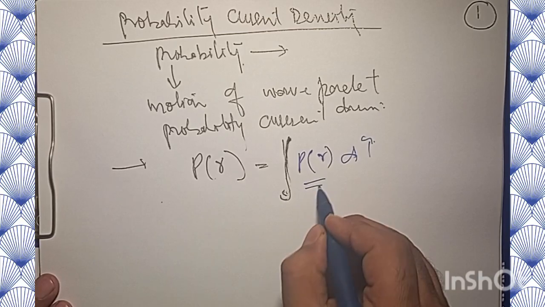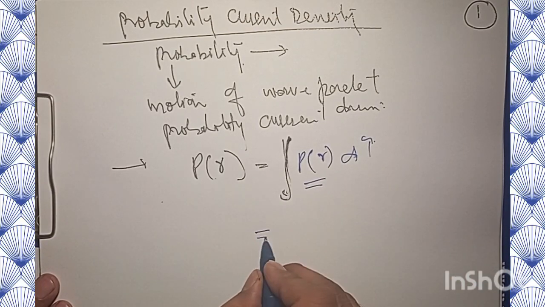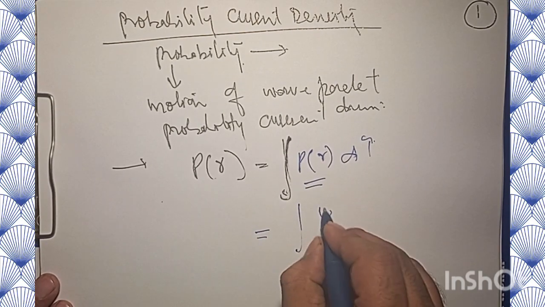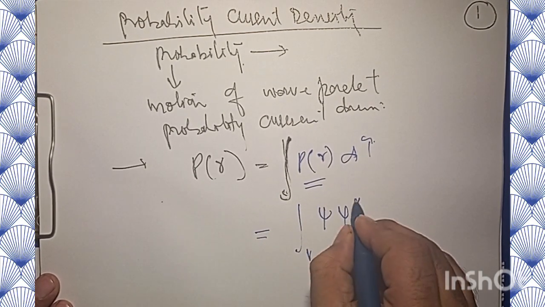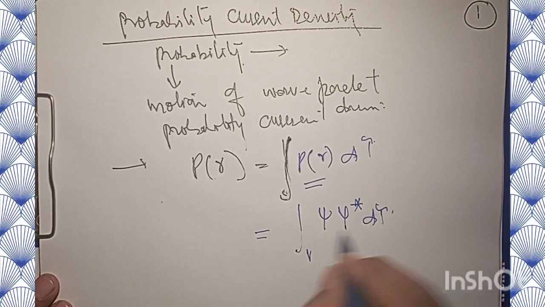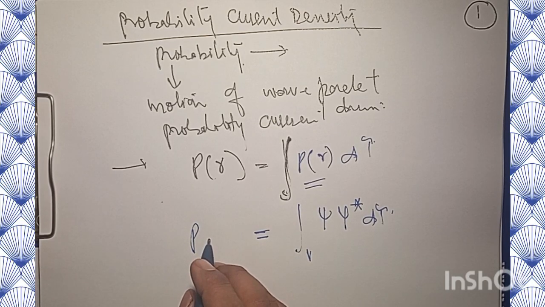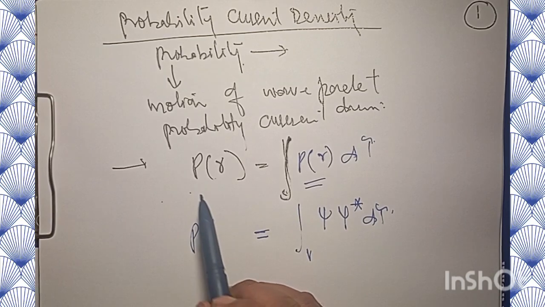And for this P of R, if I have a wave function psi, then it has to go like integral over V, psi star psi d tau. So this is the probability of finding the particle at some particular point in space, that's given by P of R.